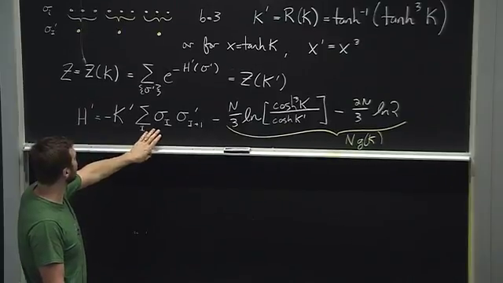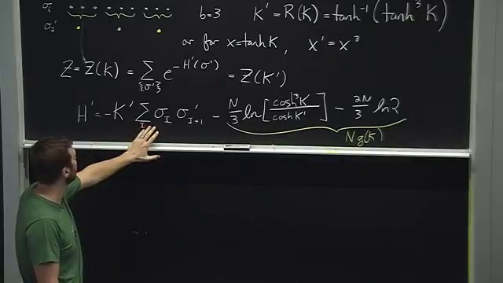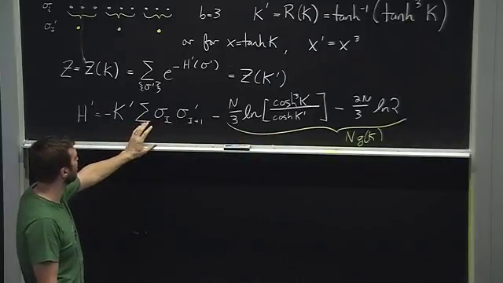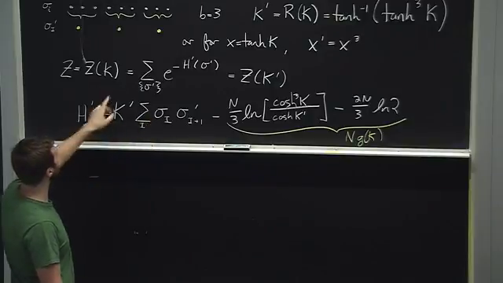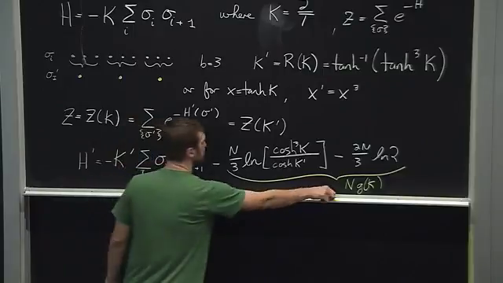And as you can see from this first part of the Hamiltonian, the H prime has, besides this, call it a constant, the first part of the Hamiltonian only depends on nearest neighbor variables in this coarse-grained picture, right?